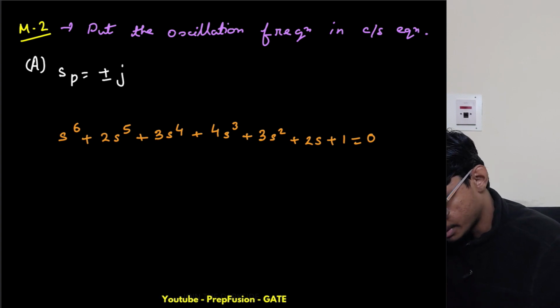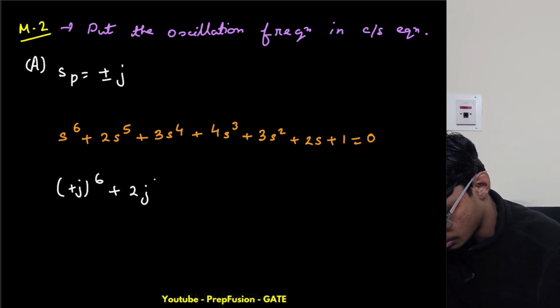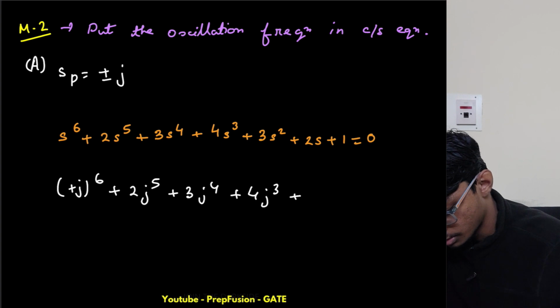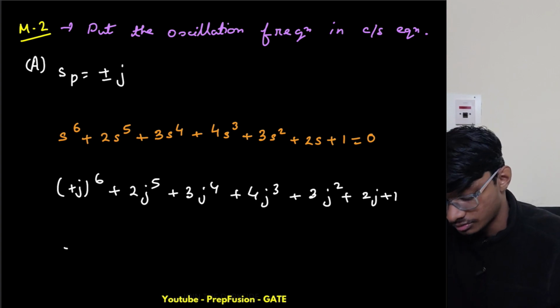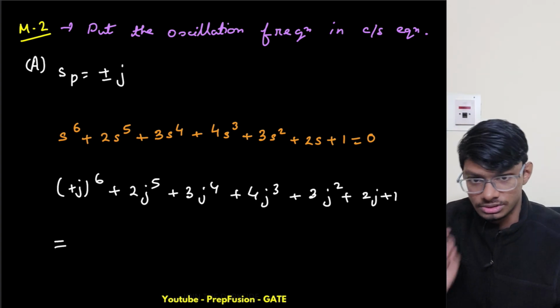So if I put it here, this becomes j to the power 6, plus 2j to the power 5, plus 3j to the power 4, plus 4j cube, plus 3j square, plus 2j plus 1. Okay, I will check what this is equal to. If this is equal to 0, then yes, this will be my oscillation frequency.